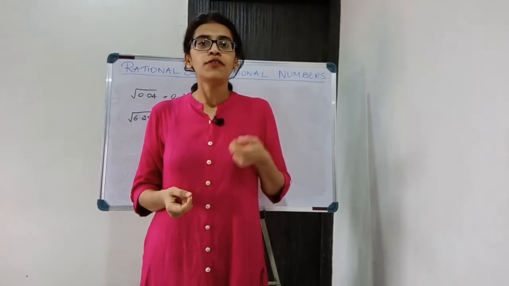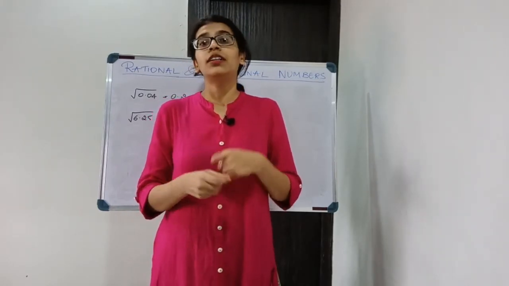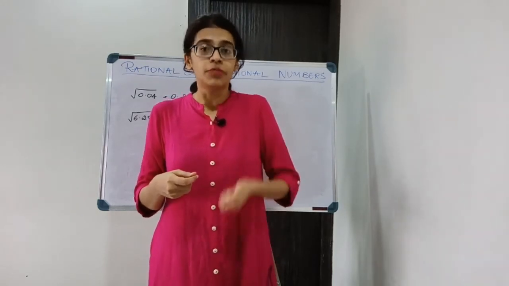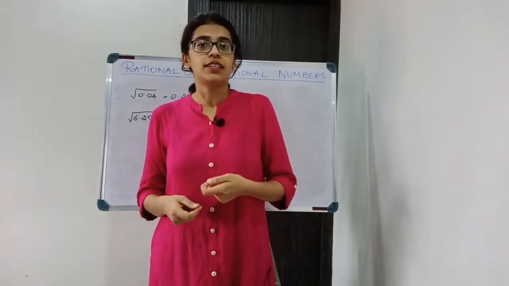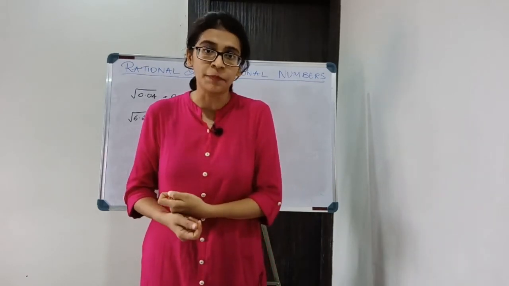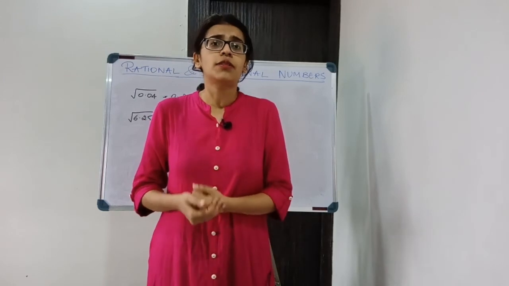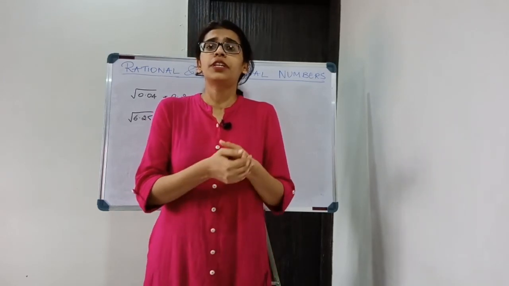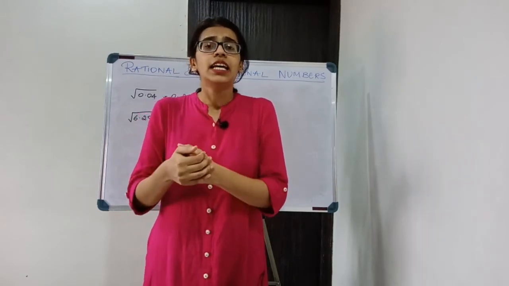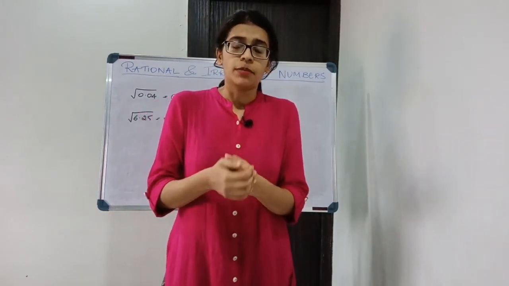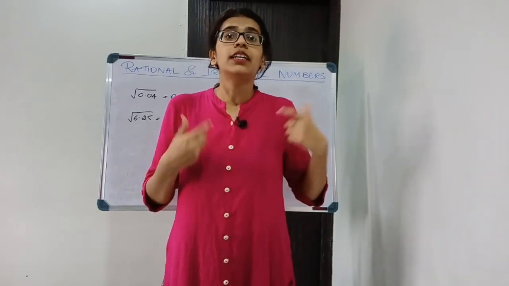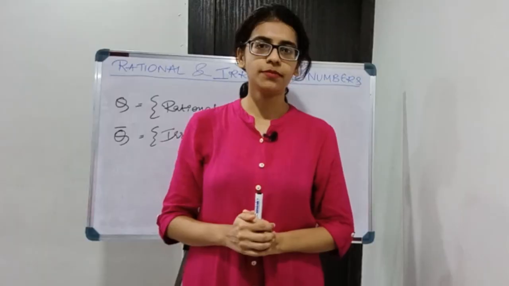So, if the root of a rational number is giving you a decimal number as an answer, but the decimal is a terminating decimal or a recurring decimal, then the root of that number is said to be a rational number. But if the root of a rational number is giving you a non-terminating as well as non-recurring or non-repeating number, then the root of the rational number is said to be an irrational number.